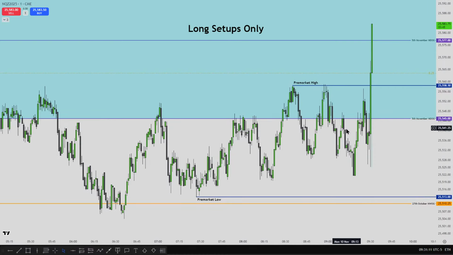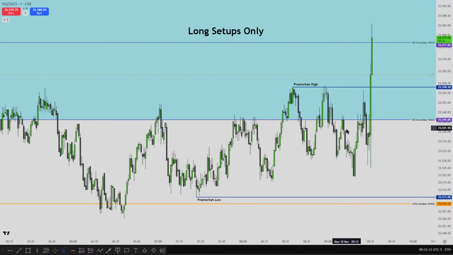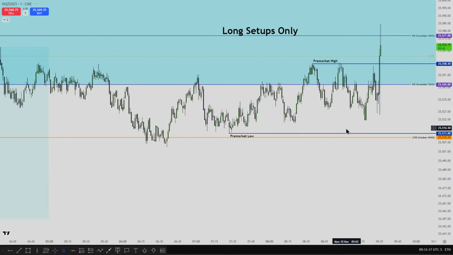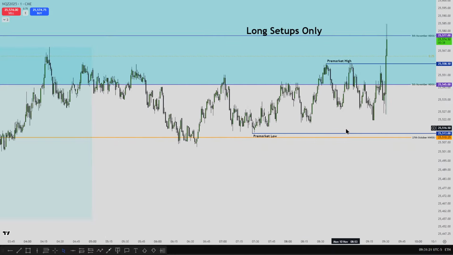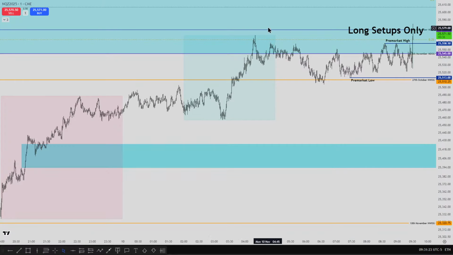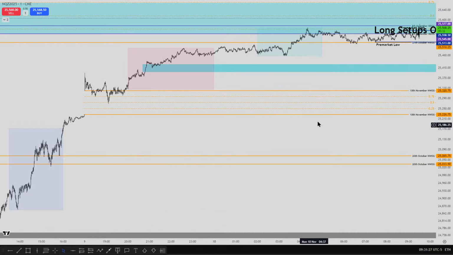Could initiate the dealing range on a London sweep. Oh yeah, that'd be fine as well.